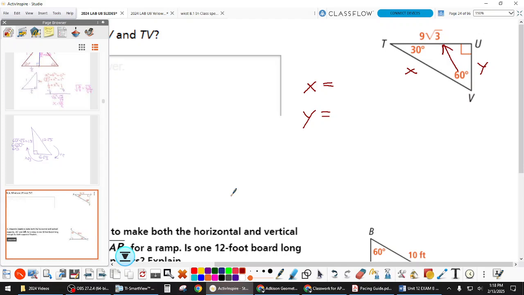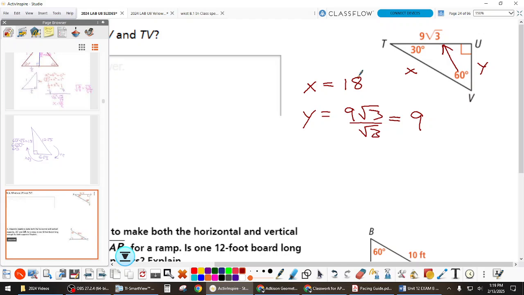So how do you get from medium side to short side? Divide by root 3. So 9 root 3 divided by root 3 gives you 9. Okay, so what is the hypotenuse then? Times 2, which is 18. Okay?